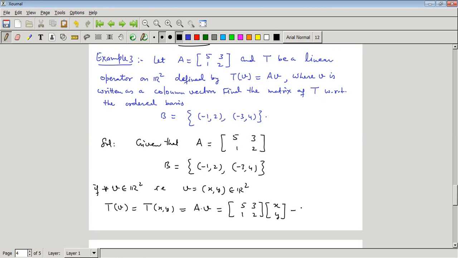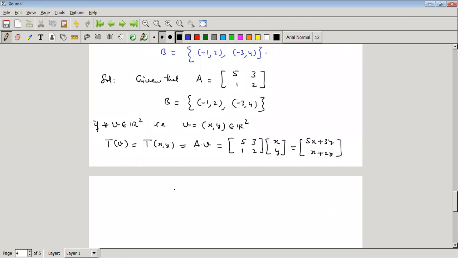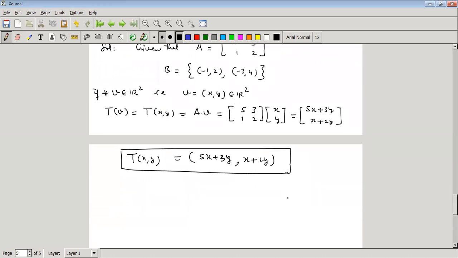We do the matrix multiplication and get 5x plus 3y and x plus 2y. So we can write this as a vector (5x plus 3y, x plus 2y). So this is the transformation T of x, y.